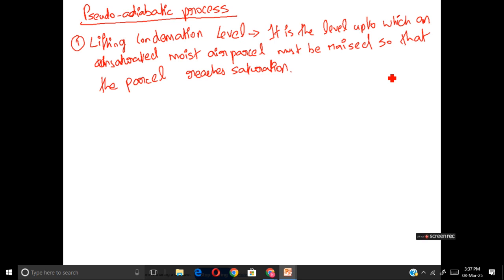Eventually the temperature of the parcel will reduce, and at some particular level the actual temperature and the dew point temperature will become equal. That particular level at which the unsaturated moist parcel becomes saturated is known as the lifting condensation level.